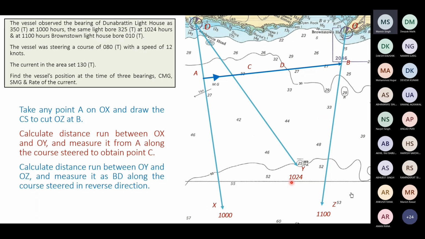The second observation was at 1024, the third observation is at 1100 hours, the difference is 36 minutes, and the delta Bravo distance represents this 36-minute distance. So we have the Charlie and delta points on our course steered line, that is line AB.